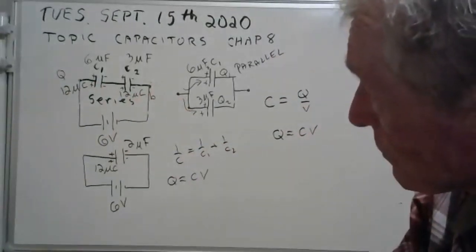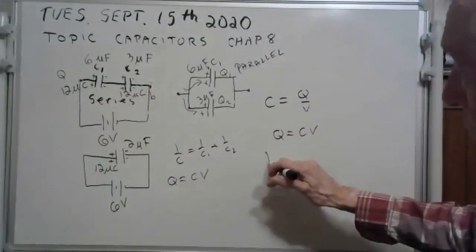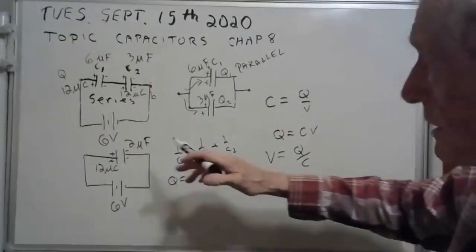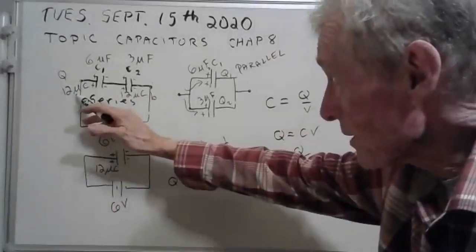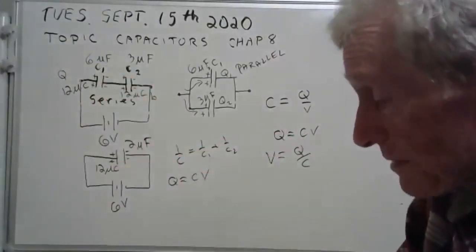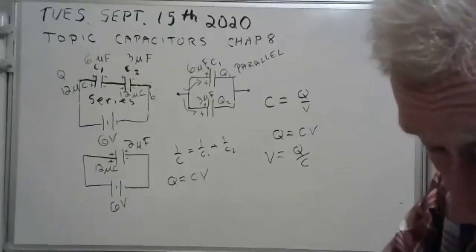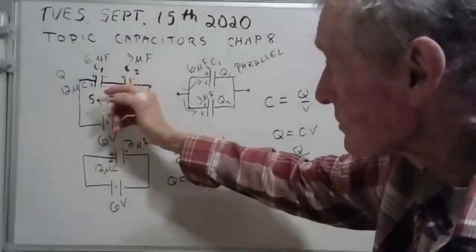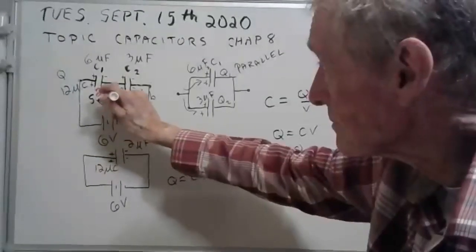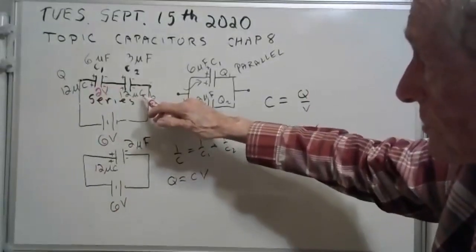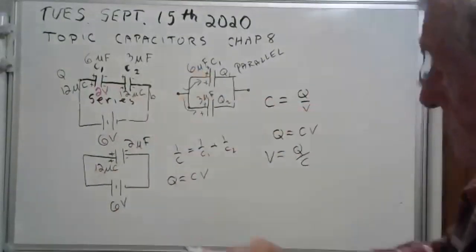Now you can get the volts. See, here's the way the volts work. The volts equal the Q over C. What's 12 microcoulombs divided by 6 microfarads? Well, I get 2 volts. So this is 2 volts. What's 12 microcoulombs divided by 3 microfarads?